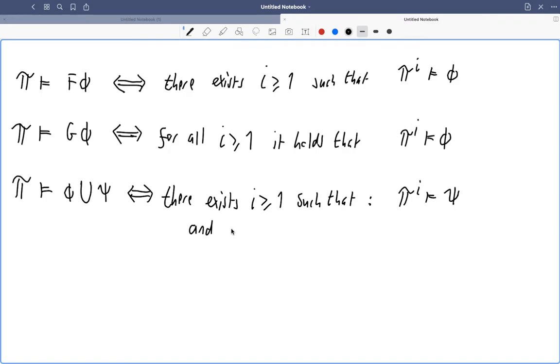And we do that by saying, and also, phi holds at all times. So eventually psi will hold, but phi is going to hold at all times strictly before the point that psi holds. So we're going to say that every future path pi j satisfies phi for all j belonging to the set 1 up until i minus 1.